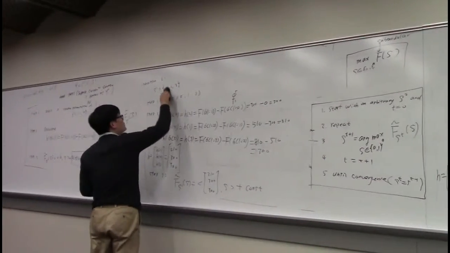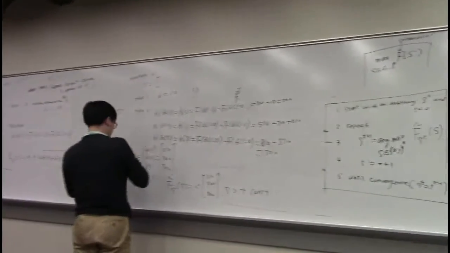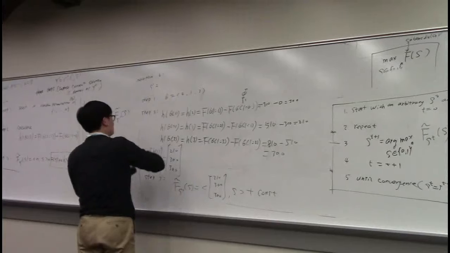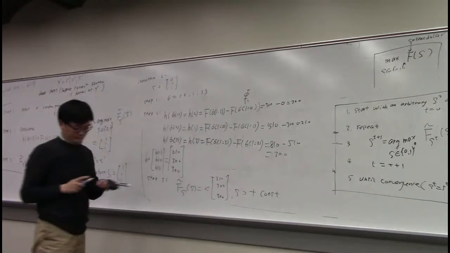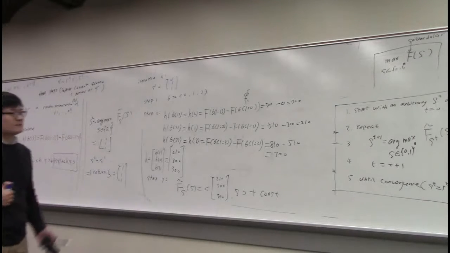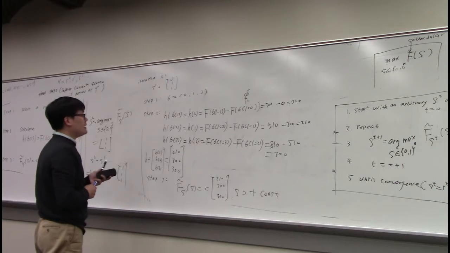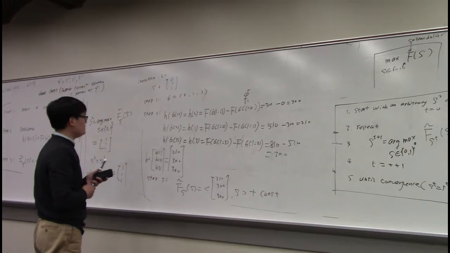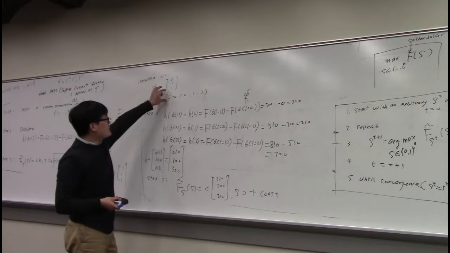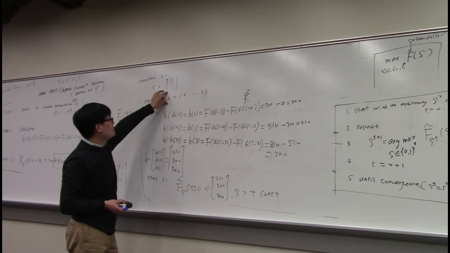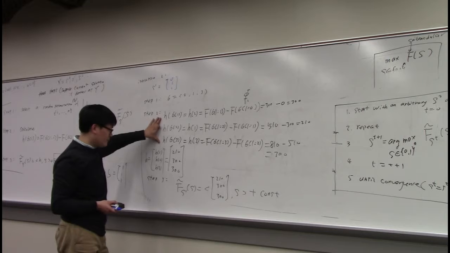So now S1 is 2, 3. 0, 1, 1, right? So S1 is 0, 1, 1. And then the randomization stays the same. And then this is the same as well, let me see.